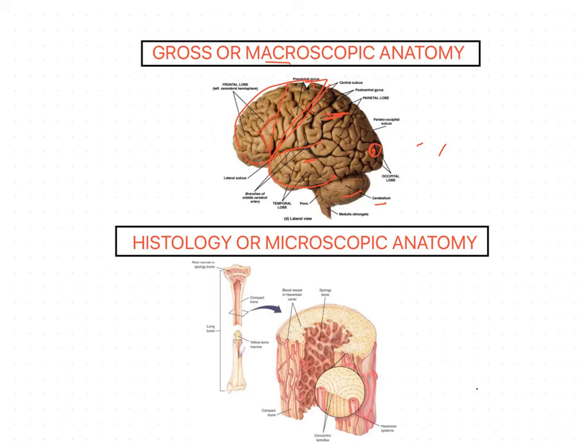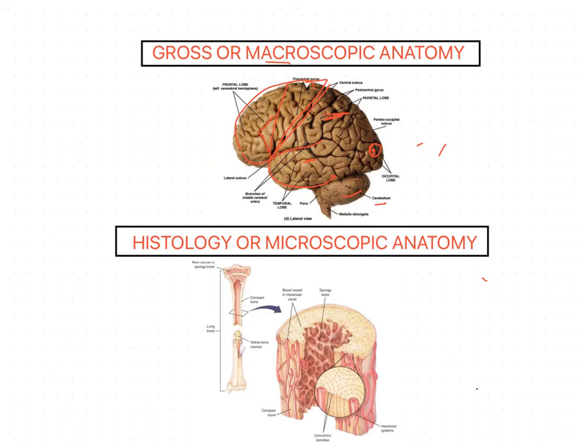The next one is histology or microscopic anatomy. Micro means very small, and histo means tissue. Here we study structures that cannot be seen with the unaided eye.